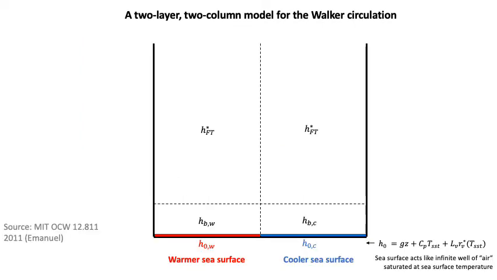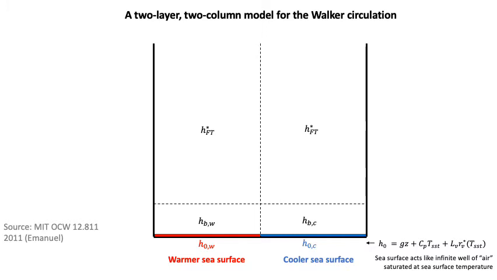Okay, so what we can do is actually produce, I want to introduce you to just a really simple conceptual, kind of the simplest possible conceptual way of thinking about the Walker circulation and applying some of these approximations and assumptions that we can in the tropical atmosphere. So we call this a two-layer, two-column model for the Walker circulation.